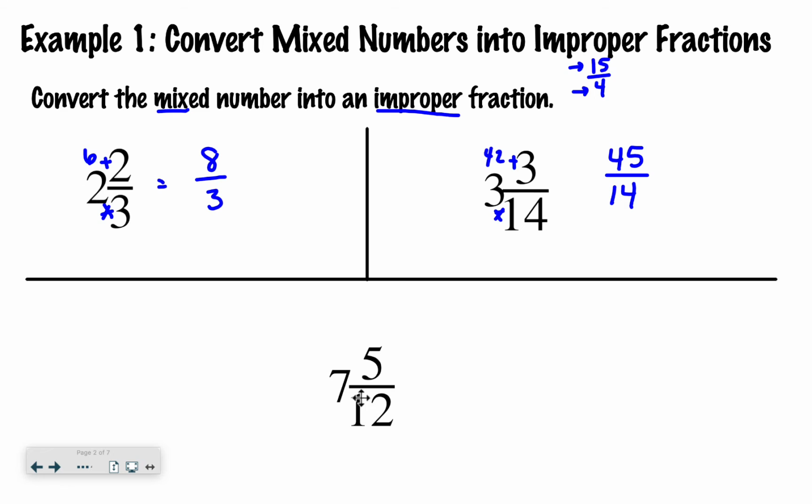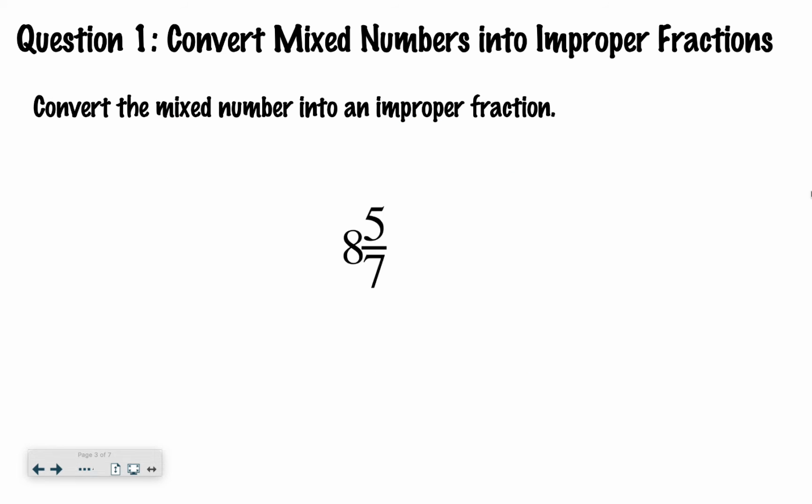So I would do 12 times 7, which is 84. And then I'd say 84 plus 5 is 89/12. So that's how you convert a mixed number into an improper fraction. All right, now that I've shown you how to do it 3 times, I want you to try converting this mixed number into an improper fraction. Good luck.